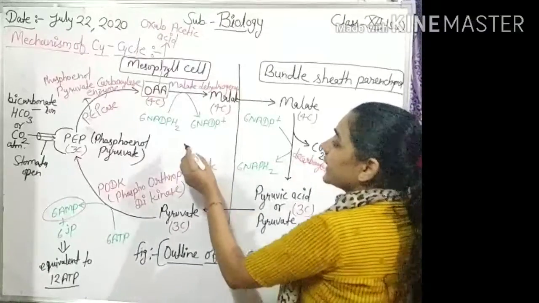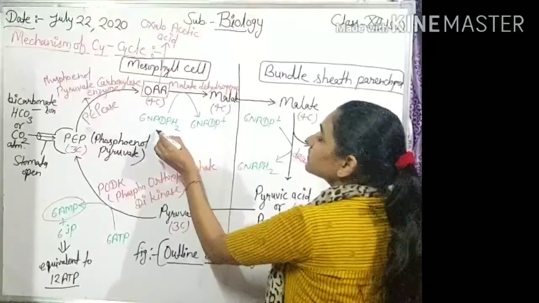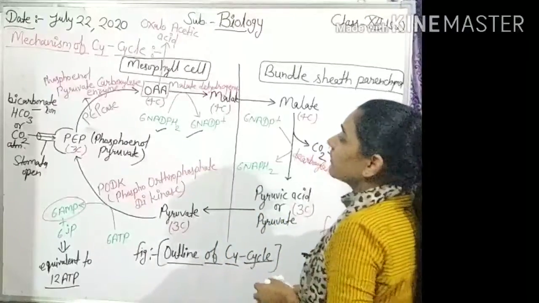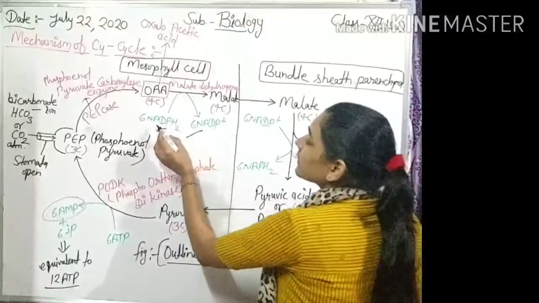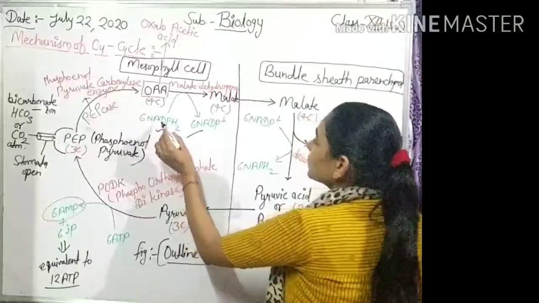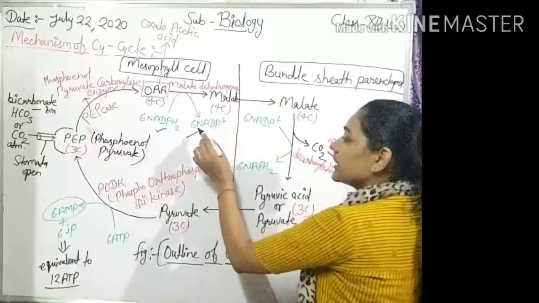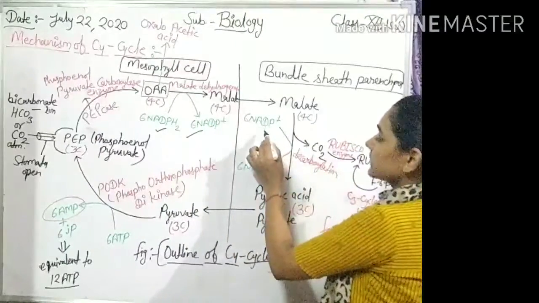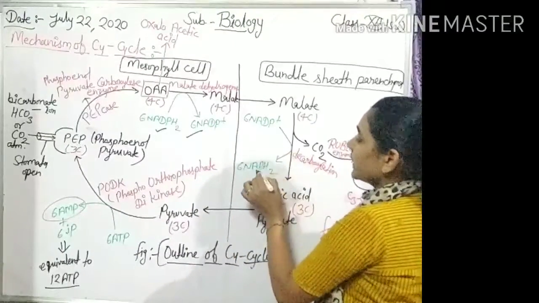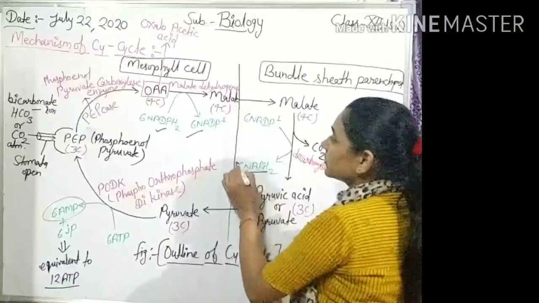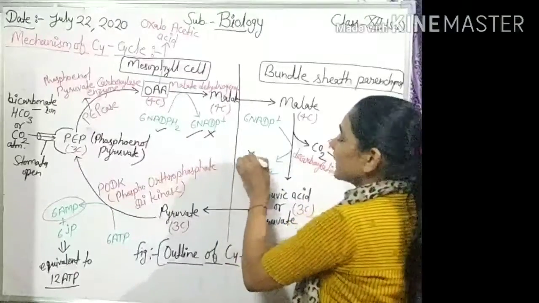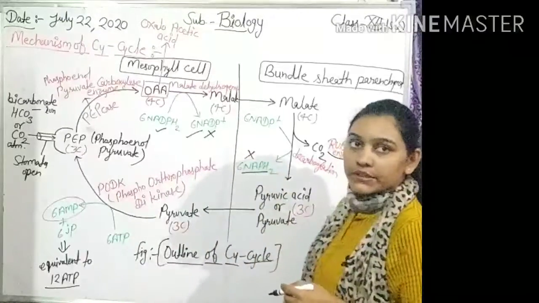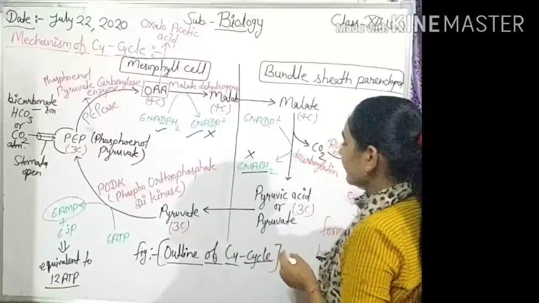Now the ATP account or NADPH2 account in the C4 cycle. Here 6 NADPH2 break down into 6 NADP plus, and in bundle cells 6 NADP plus convert into 6 NADPH2. So these cancel out and are not counted in the net production of the C4 cycle.